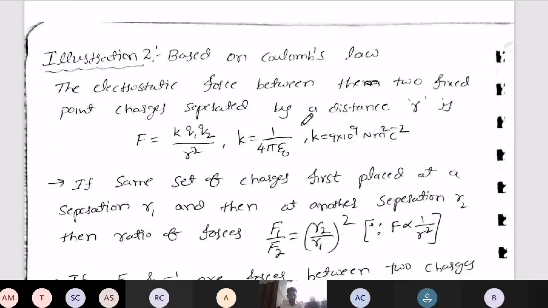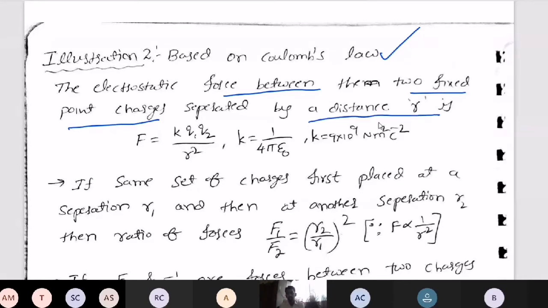Now similarly, the next kind of question they can ask is based on Coulomb's law. What is Coulomb's law? We already knew. If there are two fixed point charges separated by a distance r, what is the electrostatic force magnitude?